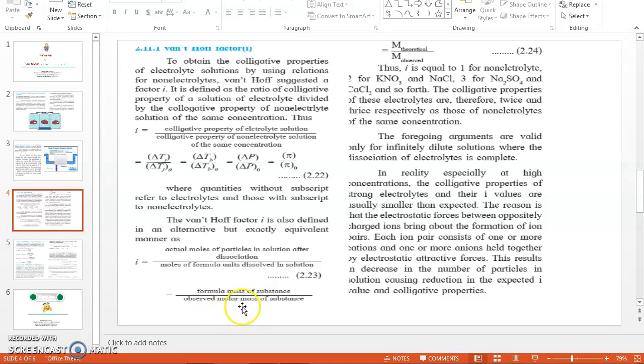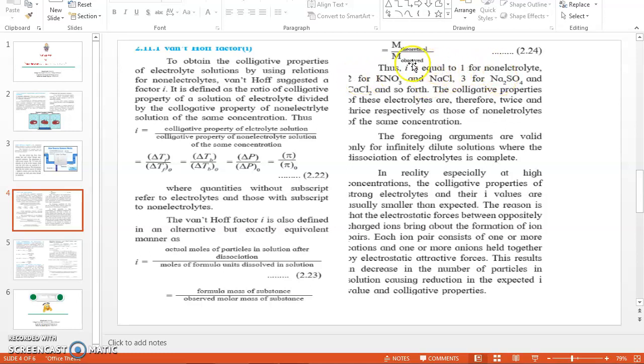Also, i is the theoretical molar mass divided by the observed molar mass of that solute.